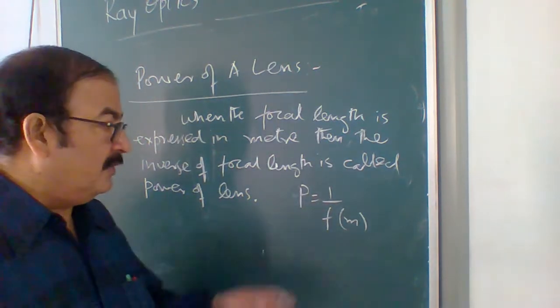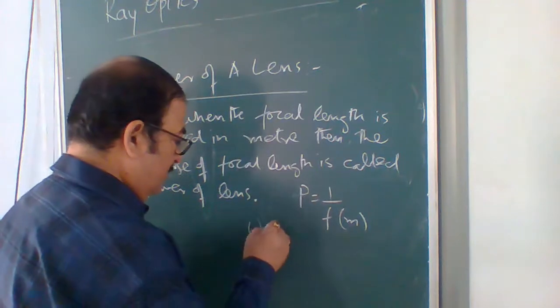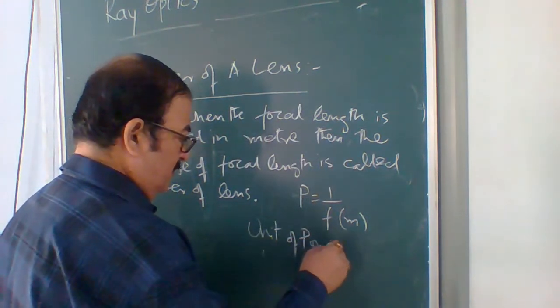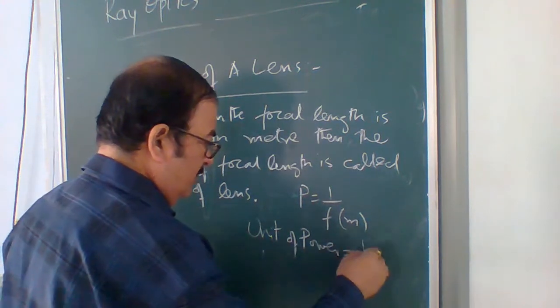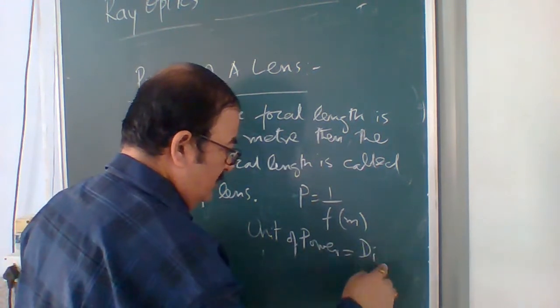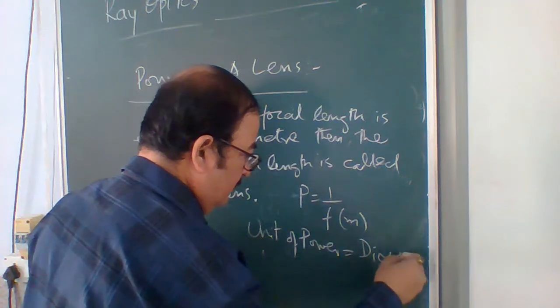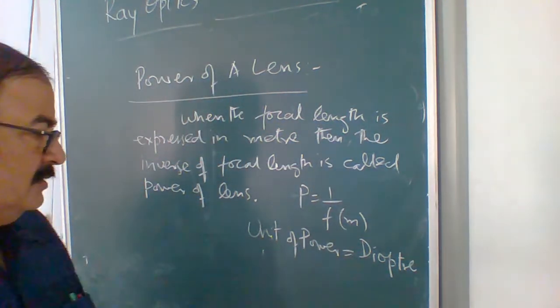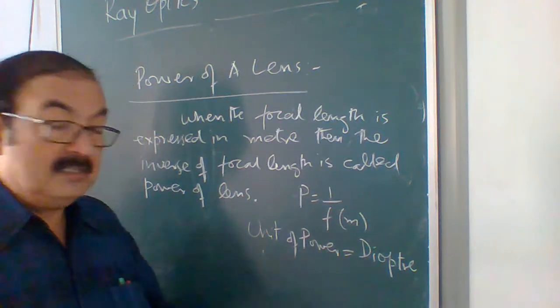Okay. The unit of power is diopter, D-I-O-P-T-R-E. Diopter.